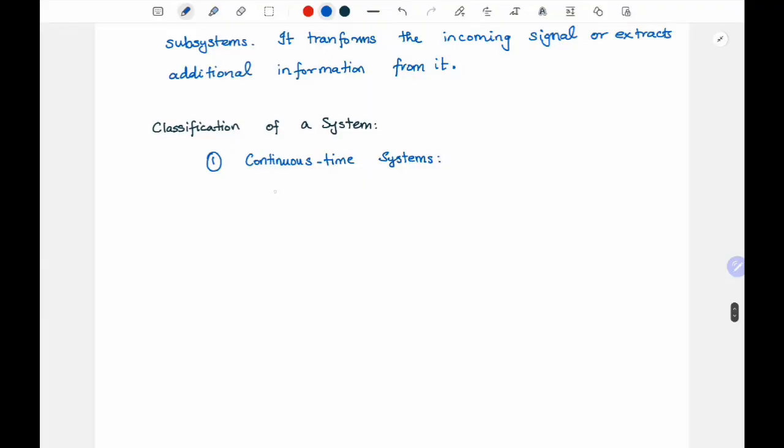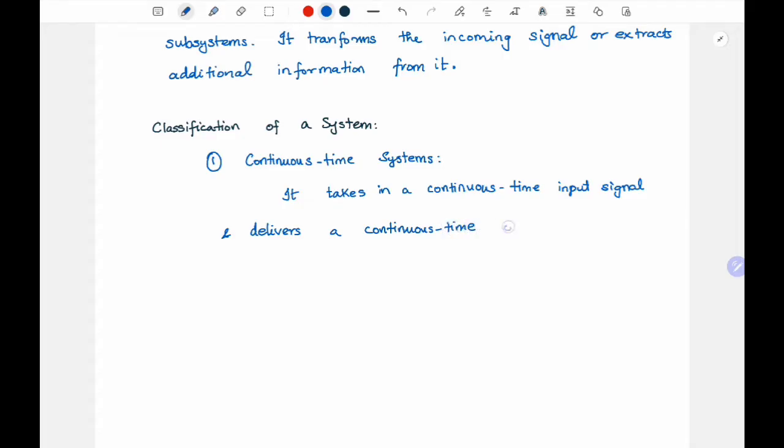So it takes in a continuous time input signal and delivers a continuous time output signal.